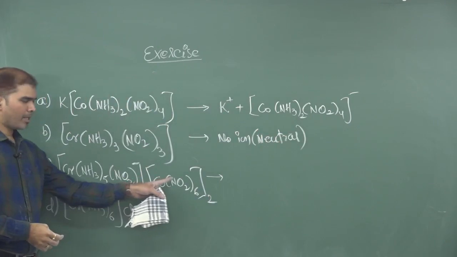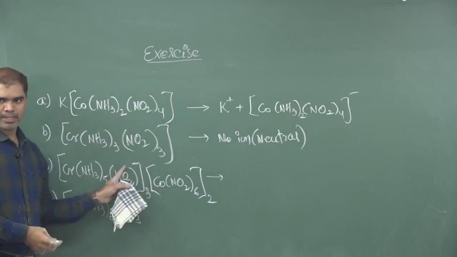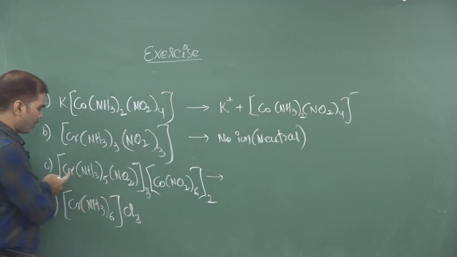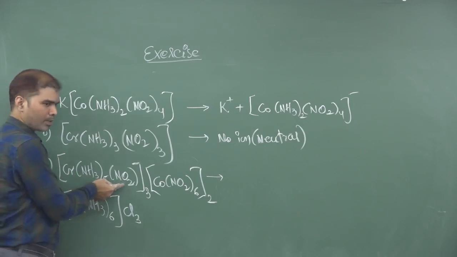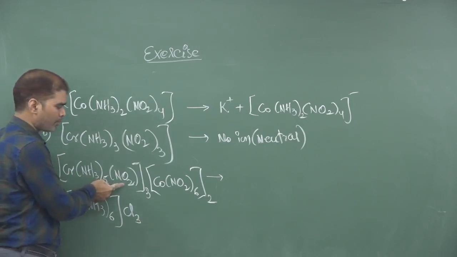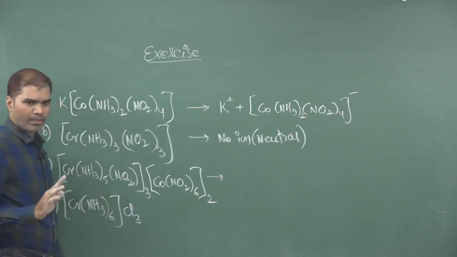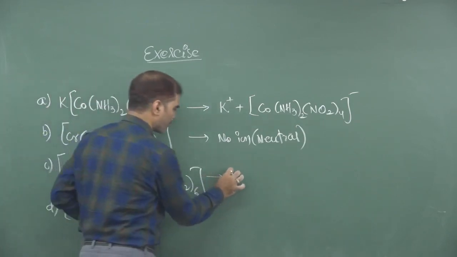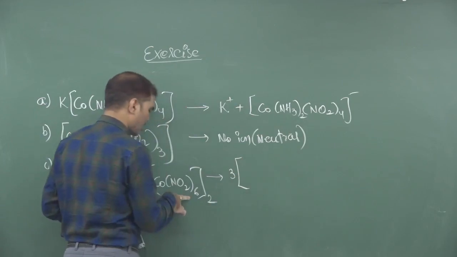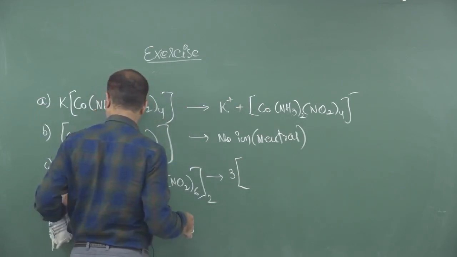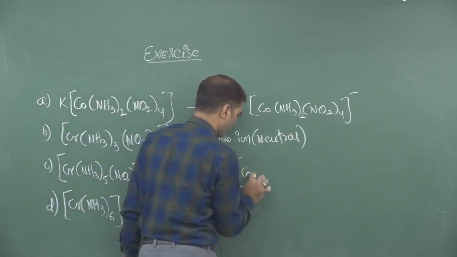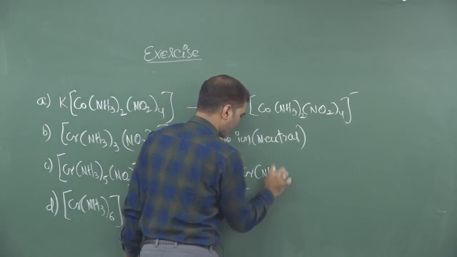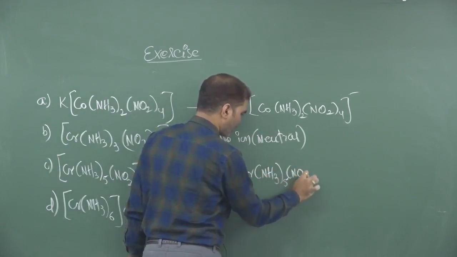If I break them into ions, how many of these will come? Now just look. How many? 2, 5. Altogether how many ions? 5. So these are 3. These are 2 in number. So just write down chromium pentaamine and nitro. Chromium pentaamine and nitro.